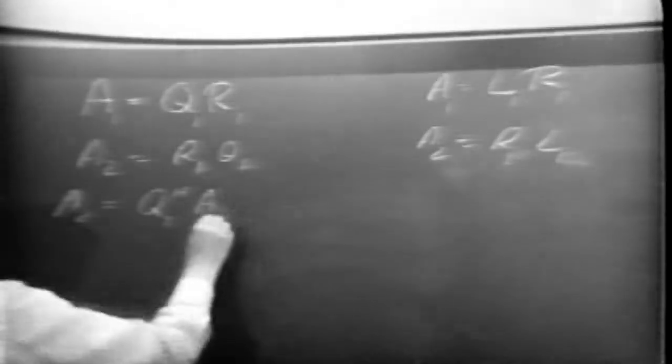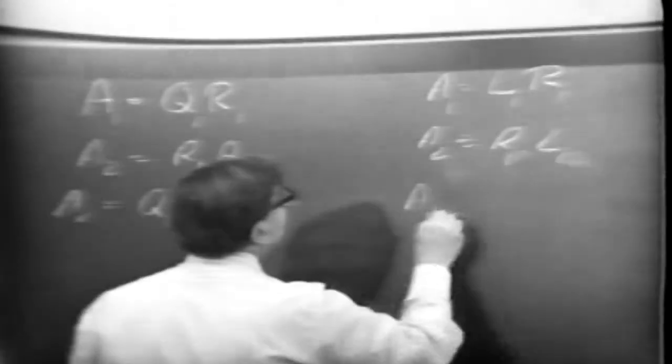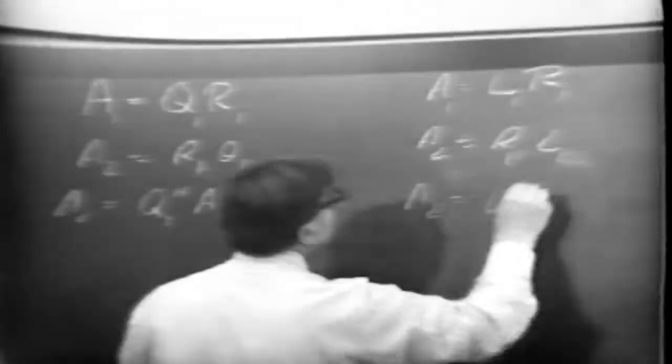A2 is, in fact, R1 Q1, which is Q1H times A1 times Q1. So the second matrix in the series is a unitary similarity transform of the first matrix. And similarly here, we have that A2 is R1 L1, which is L1 inverse A1 times L1. So here, A2 is again a similarity transformation via the matrix L.